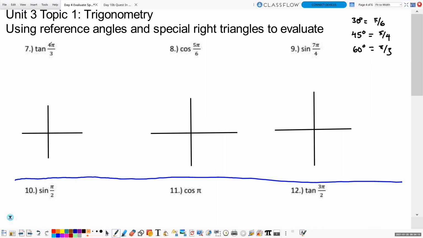Like here, I have 4 pi over 3s. So if I think about it this way, I have 4 60 degrees. So this one's easier than the 45. 4 times 60 is 240. So I'm looking for the tangent of 240 degrees.